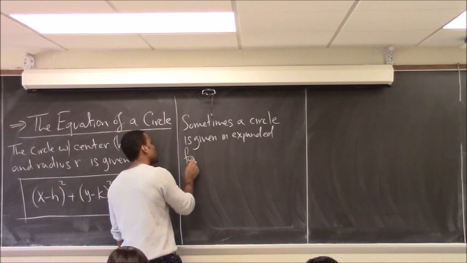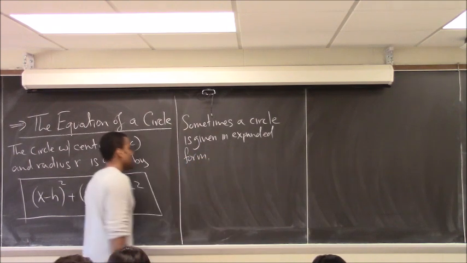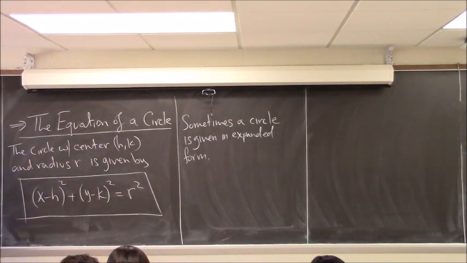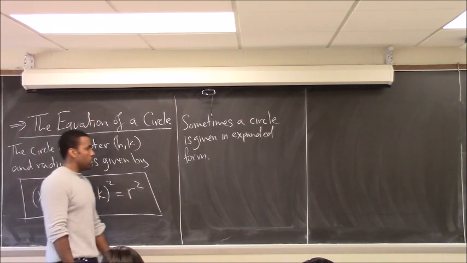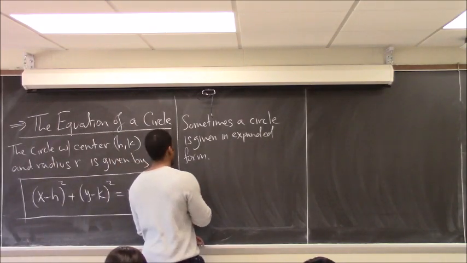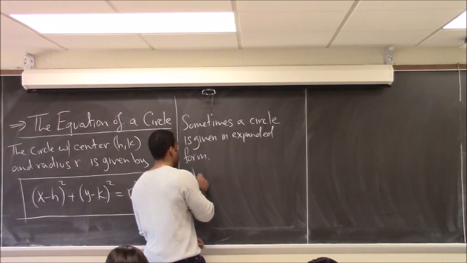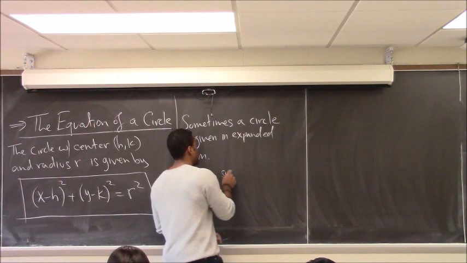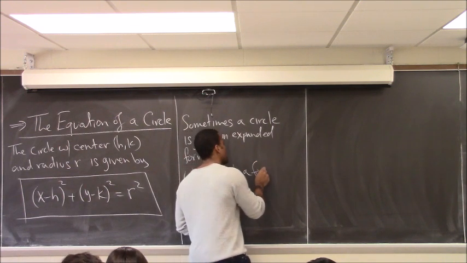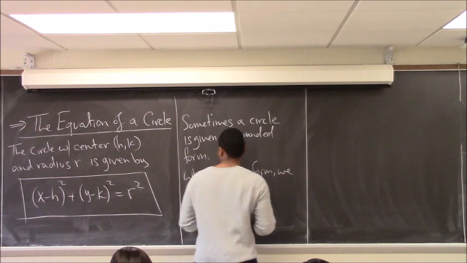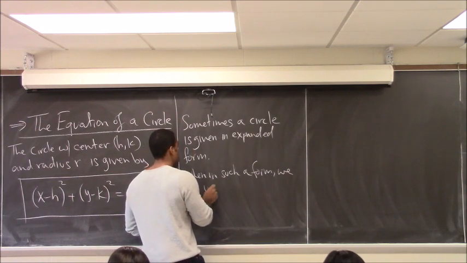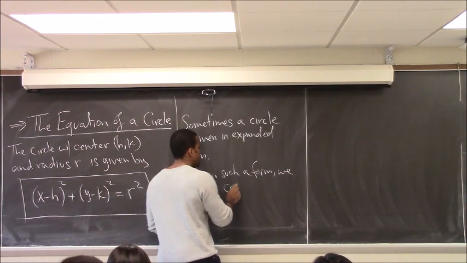Sometimes a circle can be given in a form that's not like this, like it's multiplied out. In such a form, we can use completing the square.